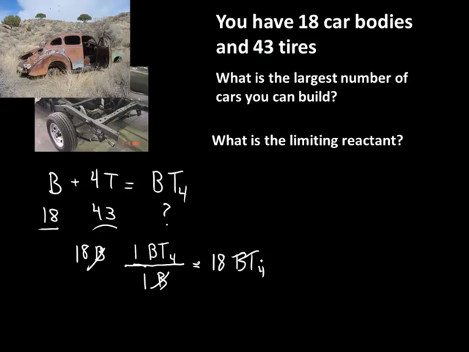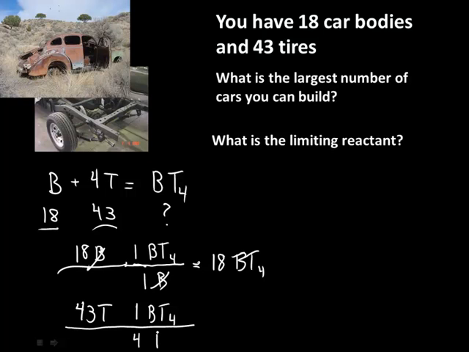But that's assuming I have an unlimited number of tires. Now let's look at starting with the tire calculation. I know that I have 43 tires, but the ratio of cars that I can make, I get one car for every how many tires?